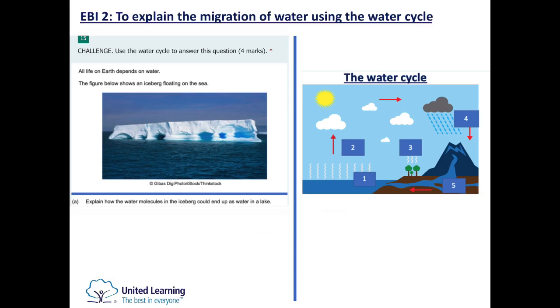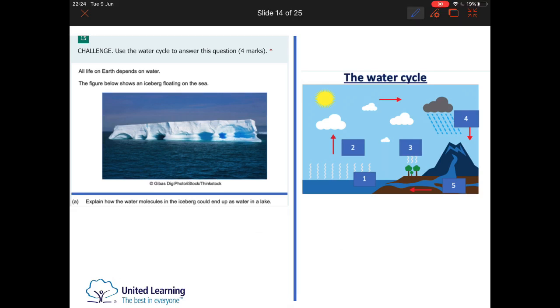I'm going to try and attempt an answer to this question using what we've seen from the mark scheme. Okay, so we have an iceberg, and an iceberg, as we've said before, is a solid state, right? So it's a solid state, and I'm going to draw an iceberg here. This is an iceberg. This blue thing here, that's the iceberg.